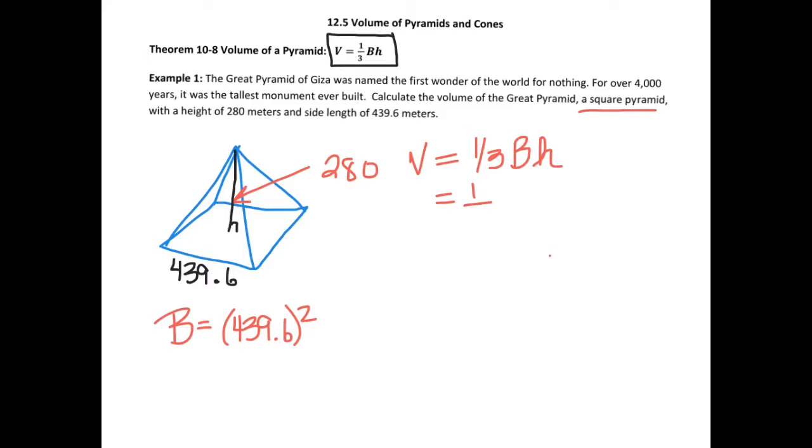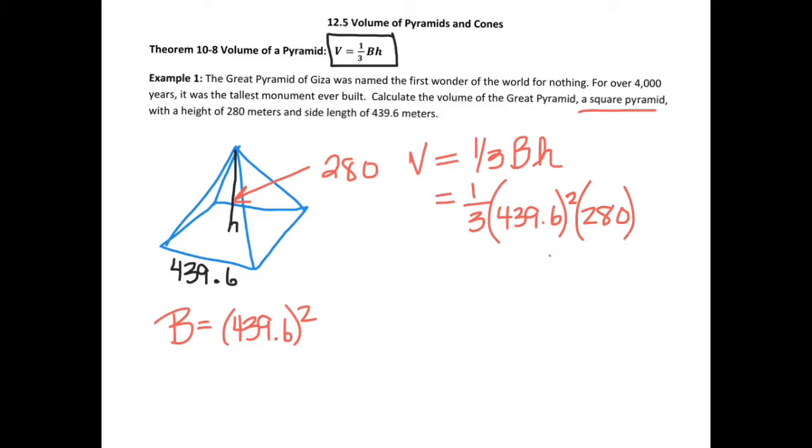To find the volume of the pyramid, I would take 1/3 times 439.6 squared times the height, which is 280.